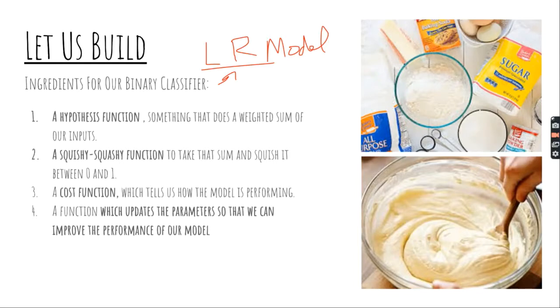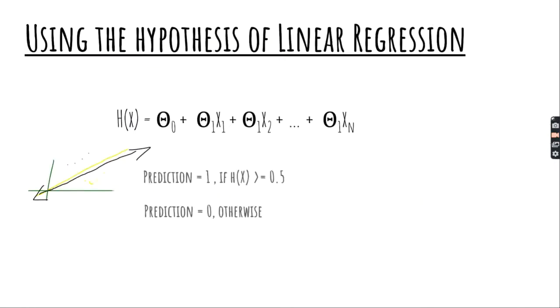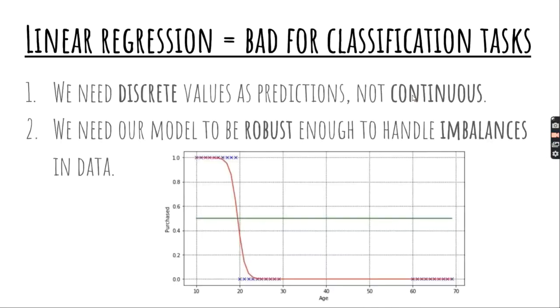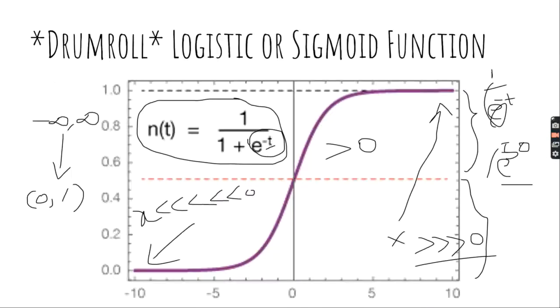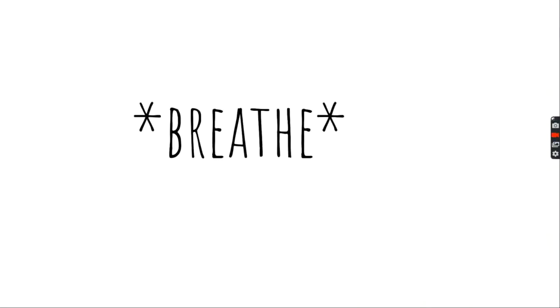That would be interesting. And last but not least, we need a function that will update, to remind you of the tweaking thing. In the linear regression case, we had to update the weights, theta 0, theta 1, theta 2, and theta n. So we need a function for that as well. There are a lot of questions as to how we update them and how we know when to stop.